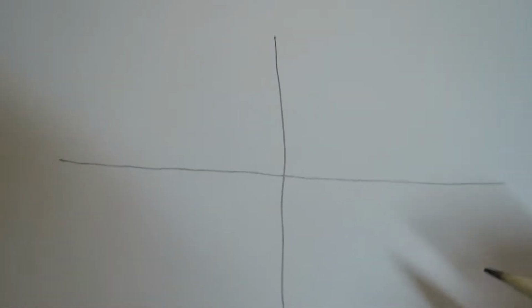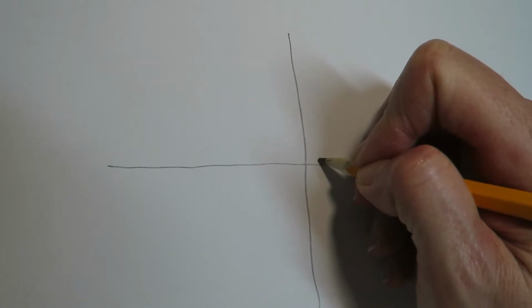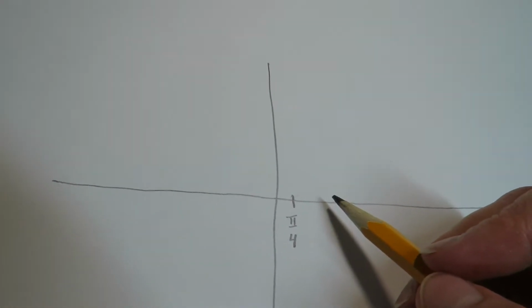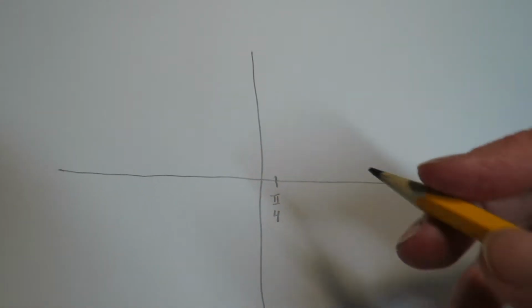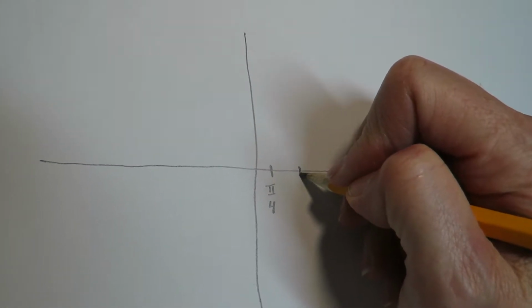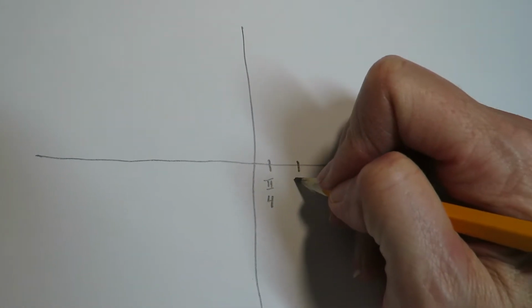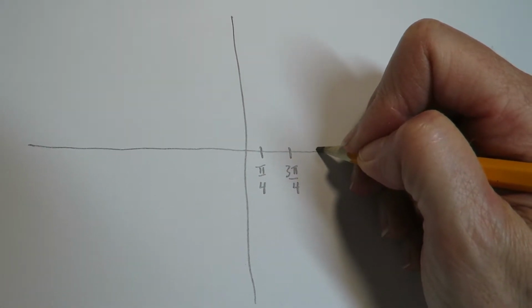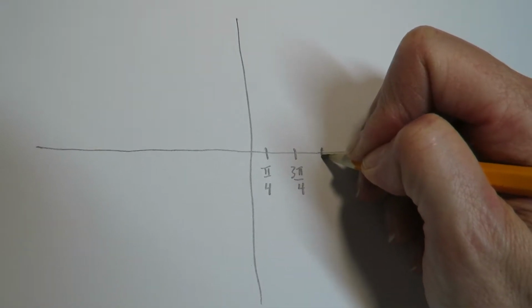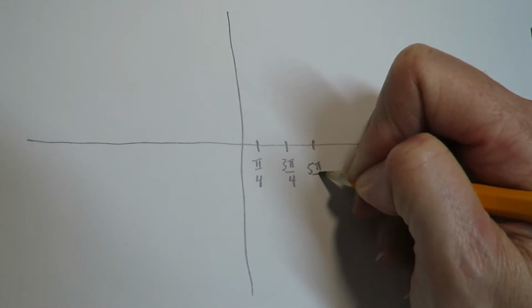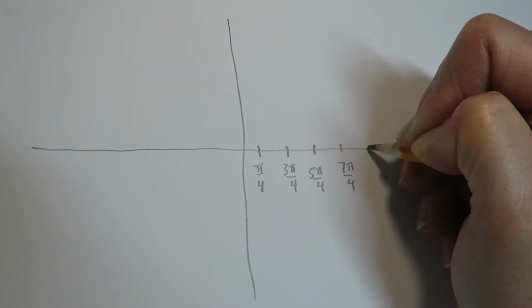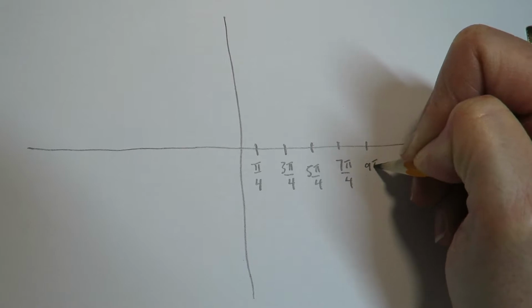So the first increment is pi over 4, but then remember that we jump pi over 2, which is twice that. So I have to make it twice that to get to the next one, which would be 3 pi over 4. And now we have to keep going: 5 pi over 4, 7 pi over 4, 9 pi over 4.